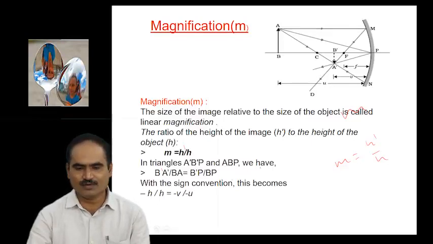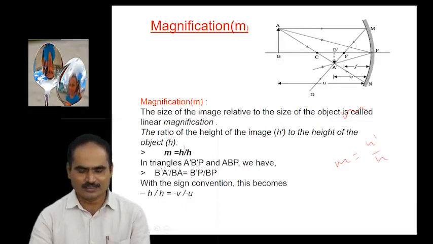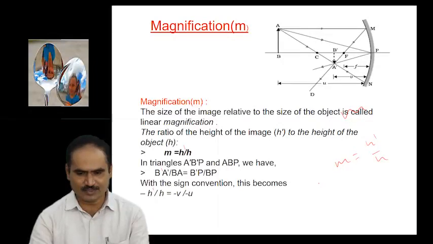Then, but here we'll come across the sign convention. That is, AB is taken as positive, and A'B' will be taken as negative, right? So therefore, here we will take it as minus H' by H, because it is taken in the numerator.